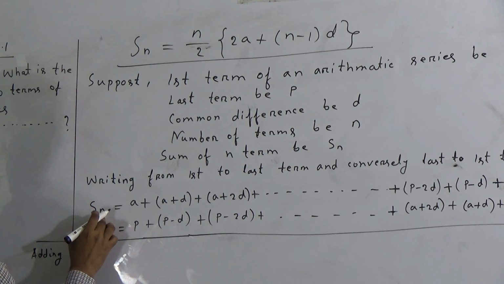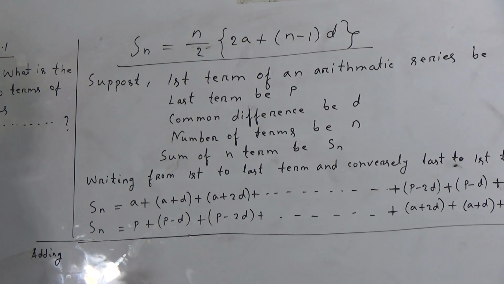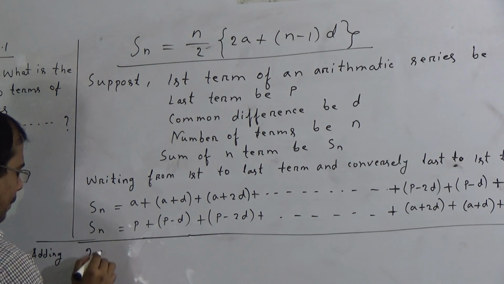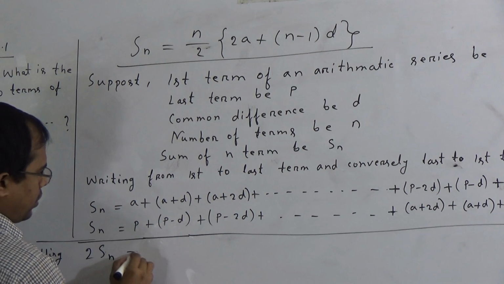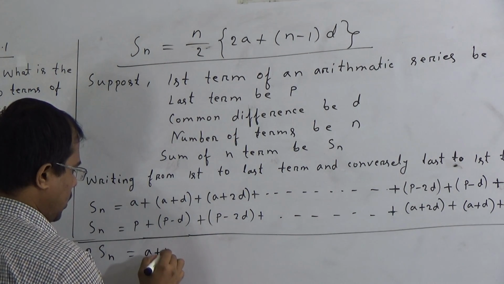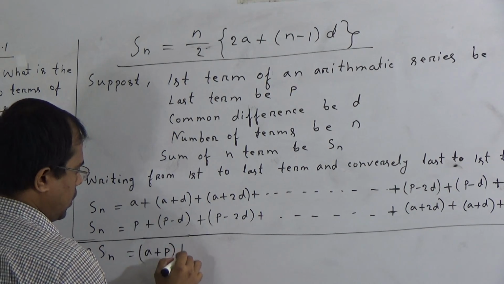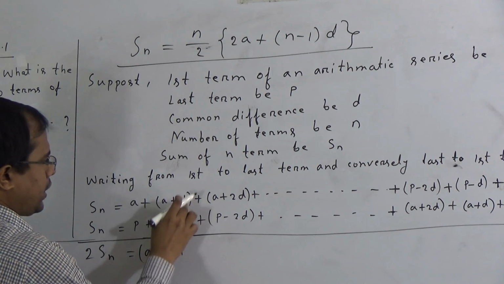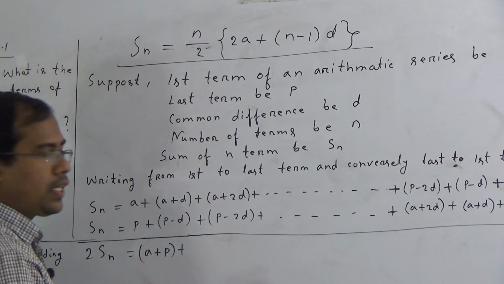Adding here, if we add Sn with Sn, then it will be 2Sn. 2Sn equal to, here a plus p. Here if we add these two terms, then plus d and minus d will be cancelled, then a plus p will remain.